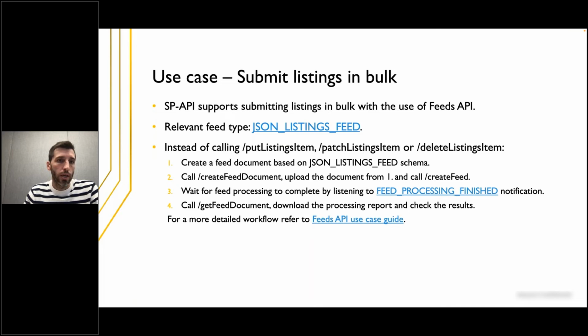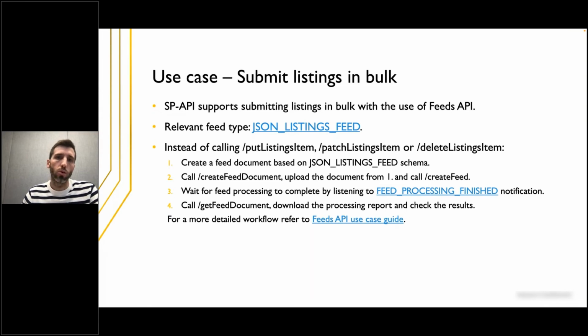In this case, as we said before, we will not be using the put listing item or patch listing item operation, or even the delete listing item operation if you are deleting an item, but we will be using the workflow that's described below in steps 1 to 4.